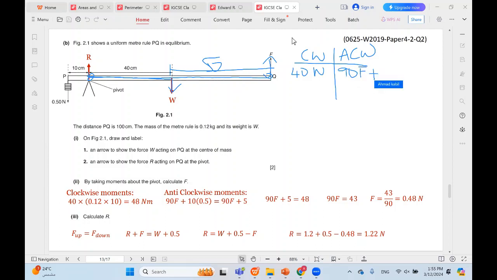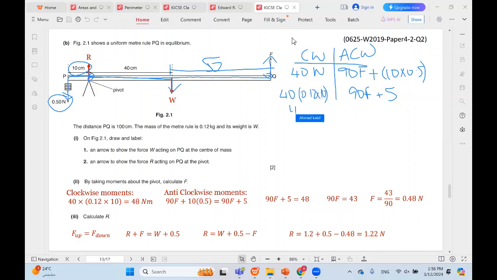And we also have the anti-clockwise moment caused by the weights added here. So we have 10 times 0.5 contributing to the anti-clockwise moment. So we have 90F plus 5. We have 40 multiplied by the weight. The weight is 0.12 times 10.